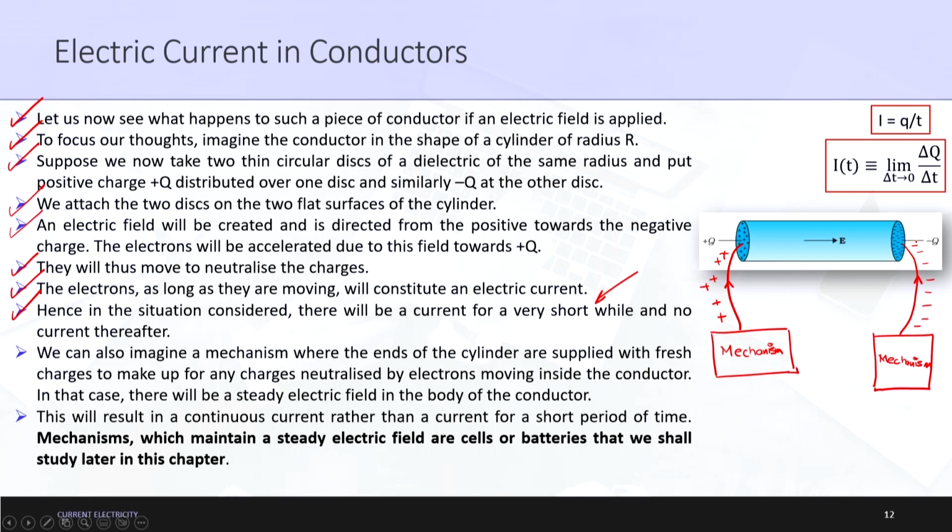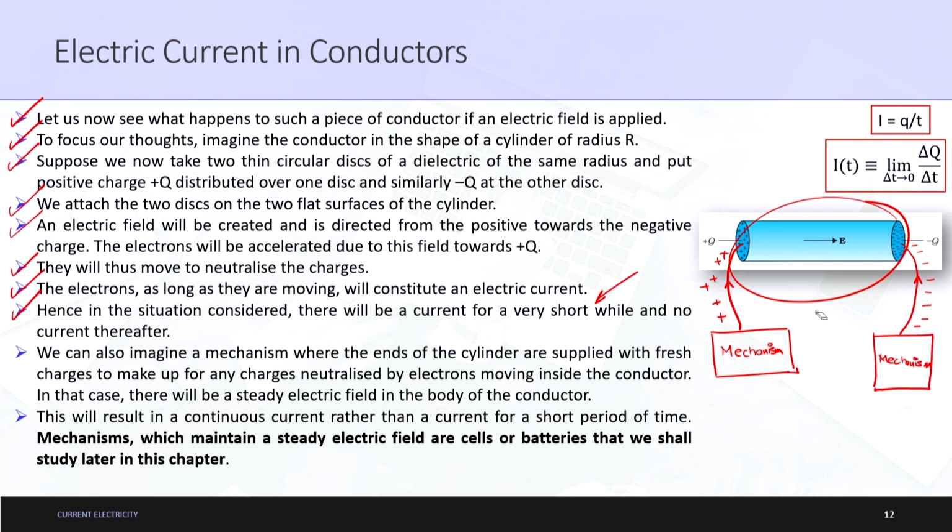So, if this mechanism constantly supplies positive charges towards the left direction and negative charges towards the right direction, there will always be an electric field in this place, and if there is an electric field present, then the electrons will move from negative to positive direction, and if there is a movement of negatively charged electrons from, let us say, point B to point A, then there will be electric current.